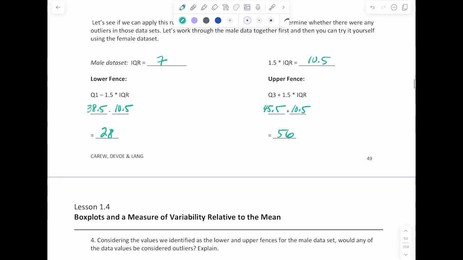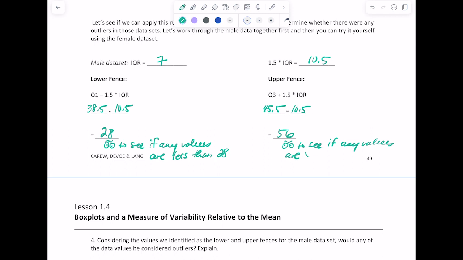So what you want to do, I'll make a little note here, is look to see if any values are less than 28. If so, they would be considered outliers. And then look to see if any values are greater than 56.